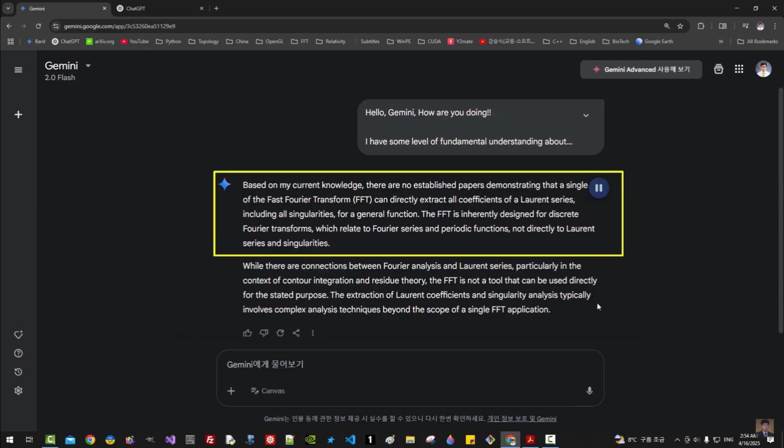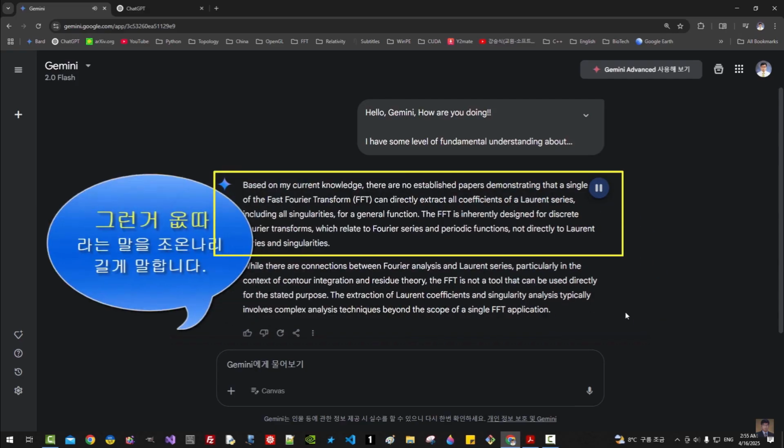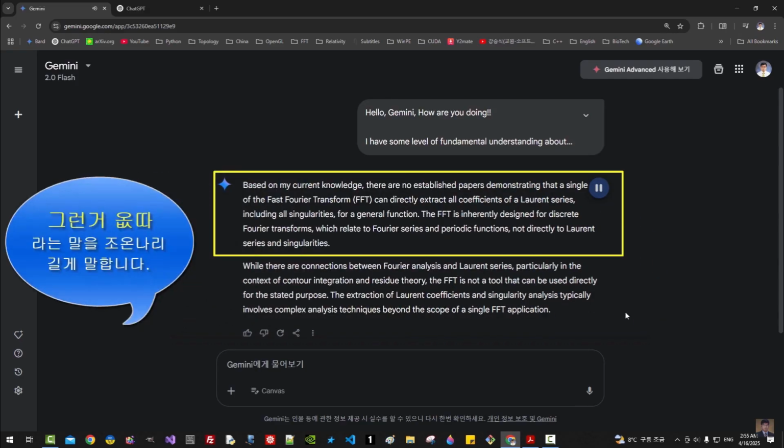Based on my current knowledge, there are no established papers demonstrating that a single run of the fast Fourier transform, FFT, can directly extract all coefficients of a Laurent series, including all singularities, for a general function. The FFT is inherently designed for discrete Fourier transforms, which relate to Fourier series and periodic functions, not directly to Laurent series and singularities.